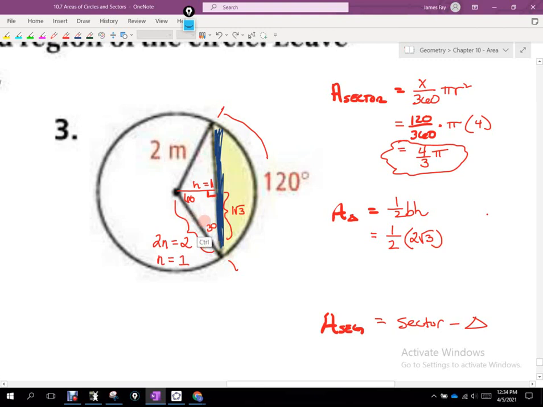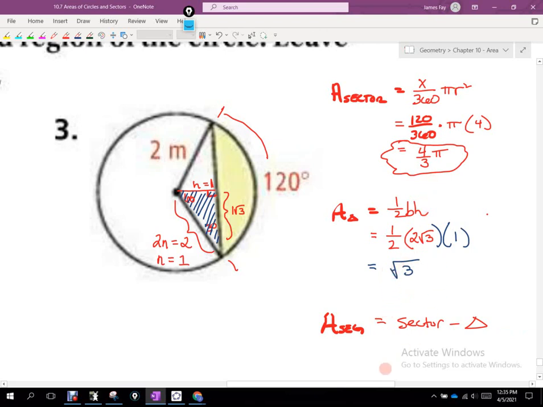If you don't do that, if you let B be radical 3, that's fine, but it only finds the area of that triangle. If you do that, what would you have to do to find the area of the entire triangle? You'd have to double it. Okay? So just be cautious of that. And then H, we said, was 1, right? Did you guys get radical 3 for the area of your triangle?